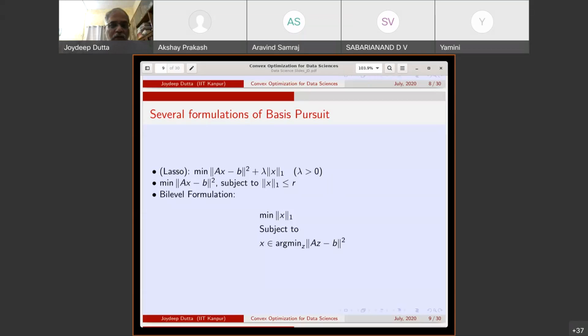You always know that if Ax equal to B has a solution x, then x is the minimizer of the problem: minimize norm Ax minus B whole square. This is an unconstrained convex, differentiable optimization problem, and if A is full column rank, then it can be easily solved.